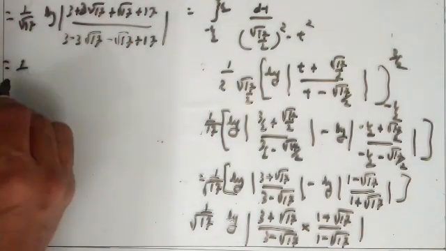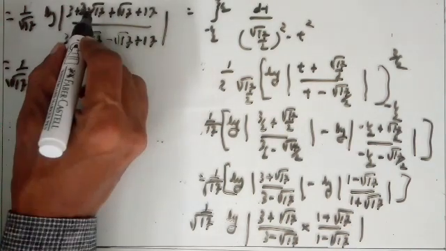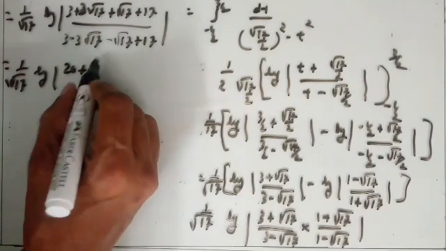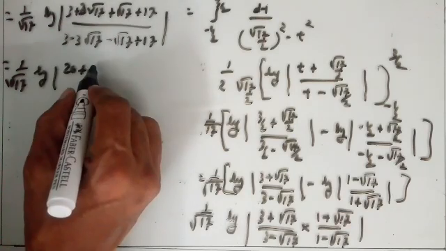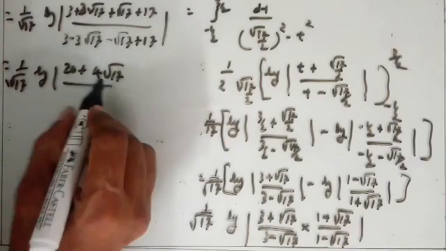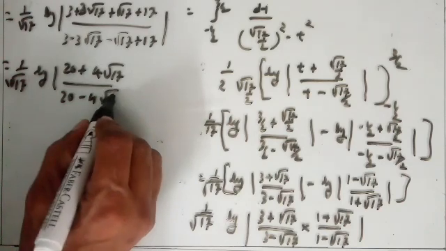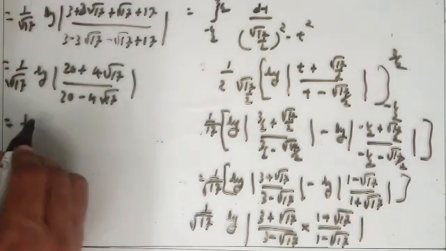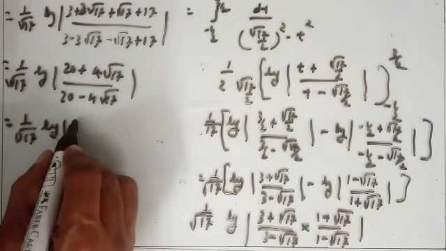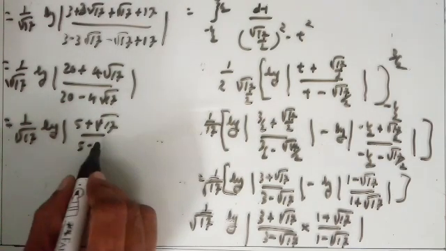So it is equal to 1 upon root 17 log, simplify this: 17 plus 3 is 20, plus 3 root 17 plus 1 root 17 becomes 4 root 17, upon 20 minus 4 root 17. Clear? Now dividing by 4 to both numerator and denominator, we get log of 5 plus root 17 upon 5 minus root 17. Clear?